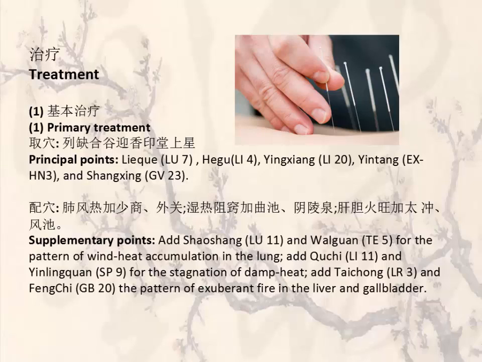Okay, Lung 7 and Li4 are some of the empirical points for wind, especially for cold, but can be used for heat, especially Li4. Li4 is the command point for what? The head and face, right?